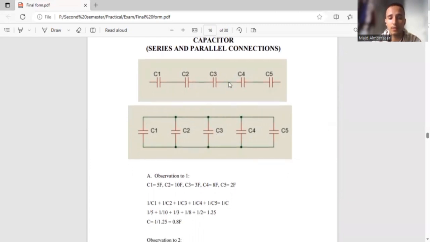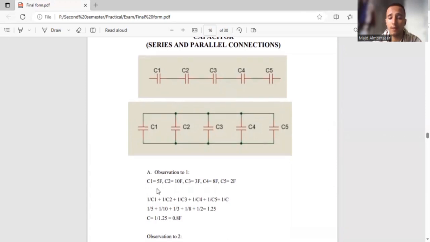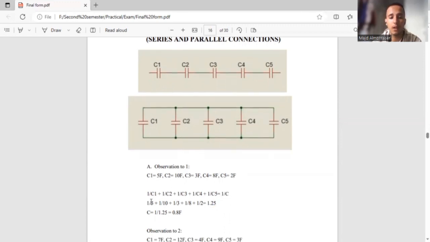Like we got C1, C2, C3, C4 and C5, each one has a value: 5, 10, 3, 8, and 2. In order to find the equivalent capacitance, we need to add the reverse of each of them, and then we have to reverse the number we got here, as the example shown below.